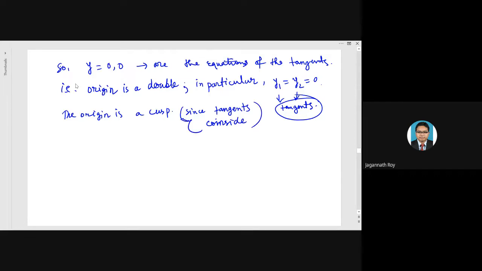Okay, so that means we have this curve. So far, the information we have is that the origin is a cusp.